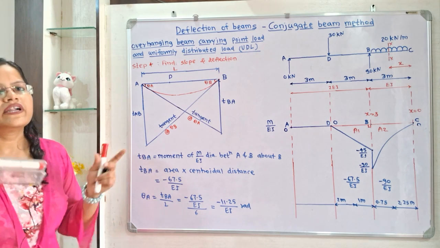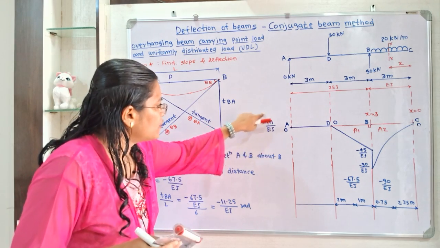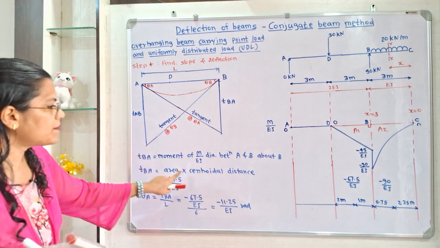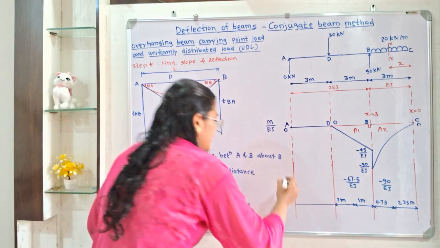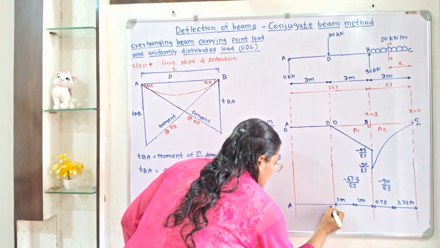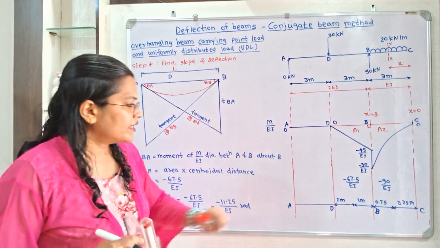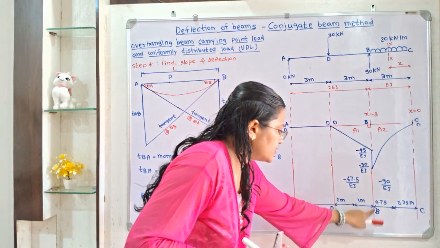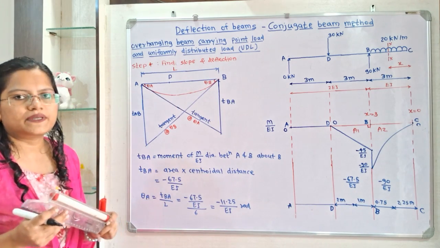So how to take this moment of the M by EI diagram? The moment of this diagram is equal to area multiplied by centroidal distance. Now I will locate the points. So here is point A, point D, point B, point C. So area multiplied by centroidal distance about this point B, then we will get this value TBA.